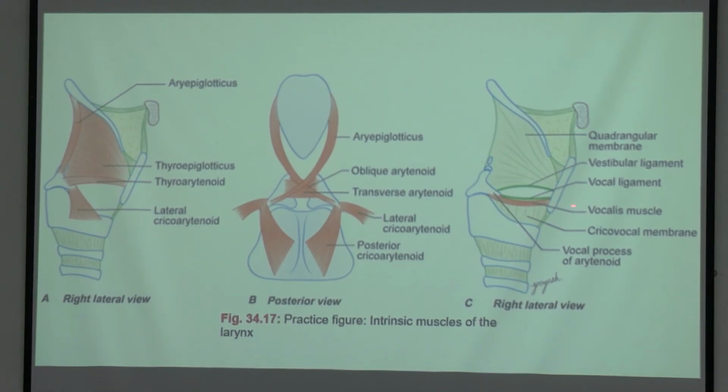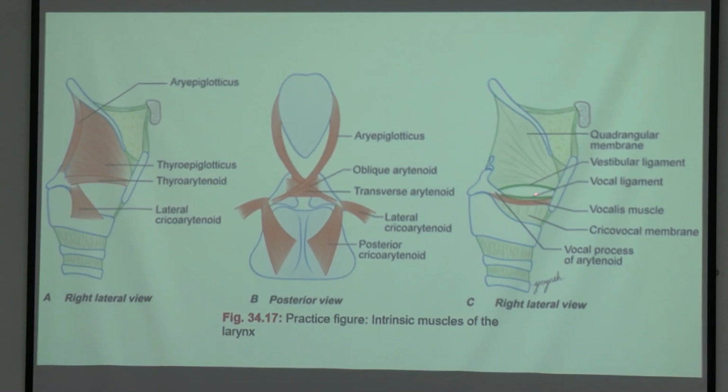Below that area we can find another muscle which is continued from the vocal process of the arytenoid to the thyroid cartilage, called the vocalis muscle. This vocalis muscle is also attached to the vocal ligament and causes modulation of the voice. Singers can modulate with the help of this vocalis muscle.